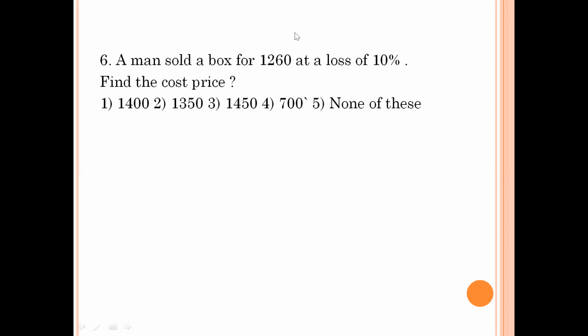So 215 gave the correct answer. Very good. A man sold a box for 1,260 at a loss of 10%. Find the cost price. Here the selling price is given, 1,260, and this is the loss percentage. Selling price equals cost price into 100 minus loss percentage by 100.